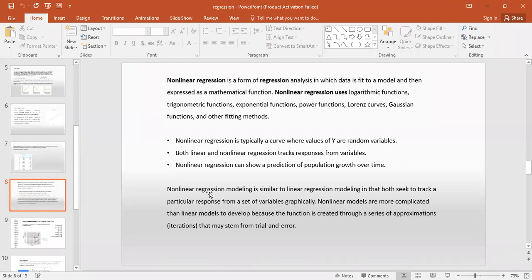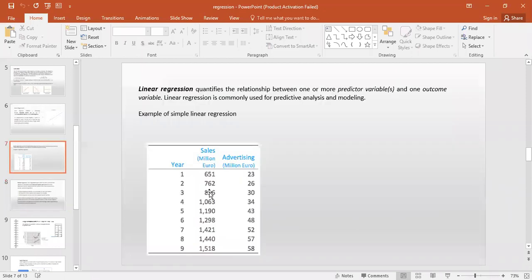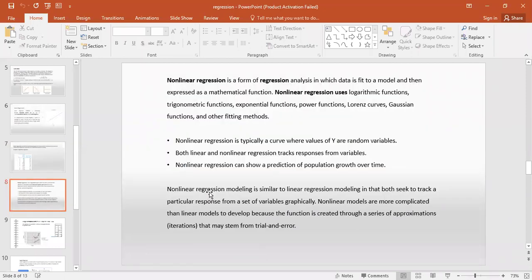Linear we have dealt with here, and non-linear is similar to linear, but we get a best fit curve instead of a straight best fit line. As the name indicates, non-linear means we get a best fit curve, and hence this uses logarithmic functions, trigonometric functions, exponential and other functions.